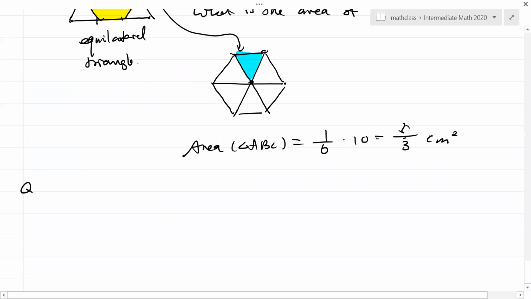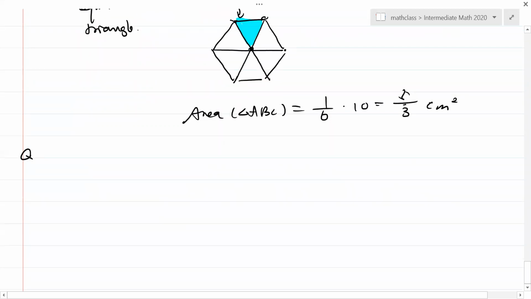Right, so let's do one problem here. I give you a regular hexagon.